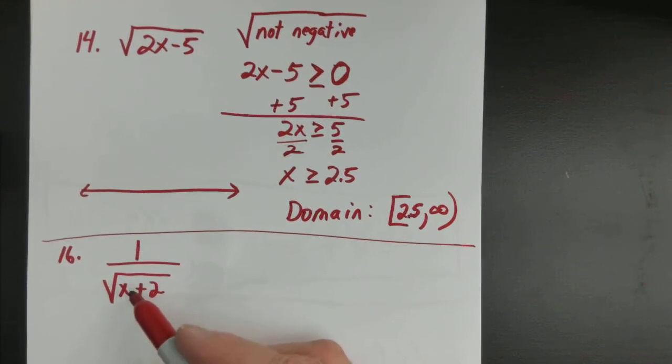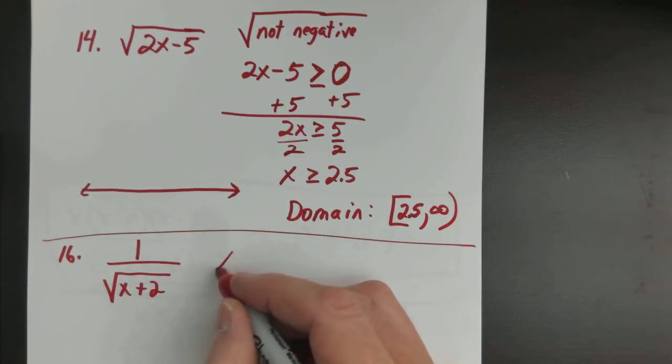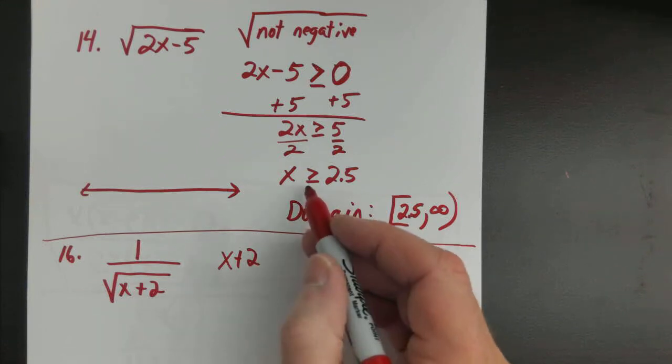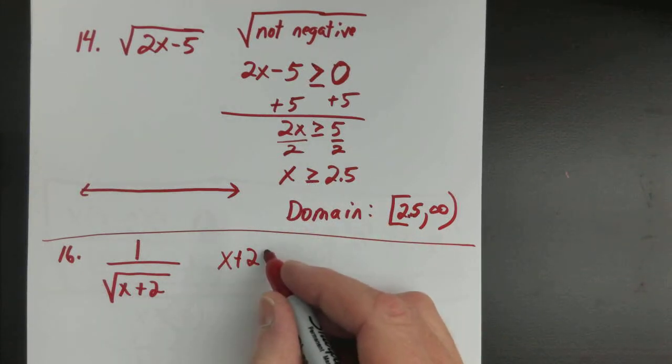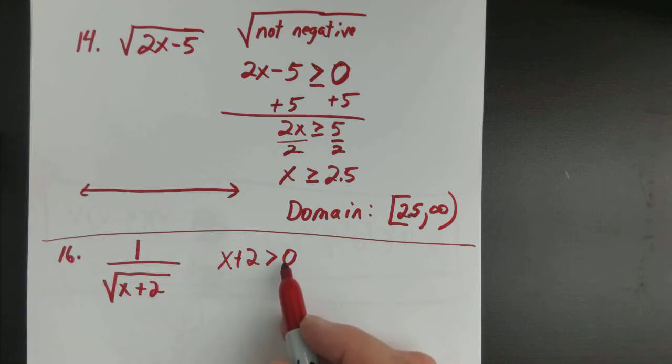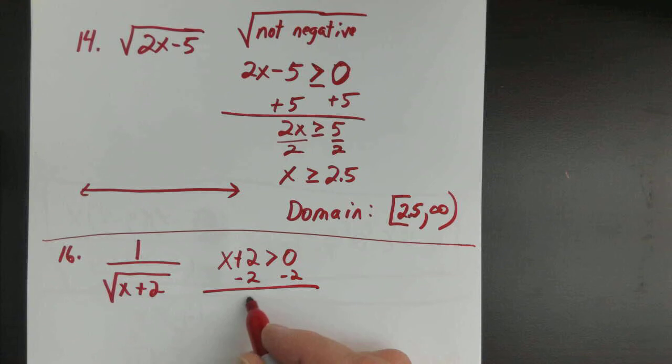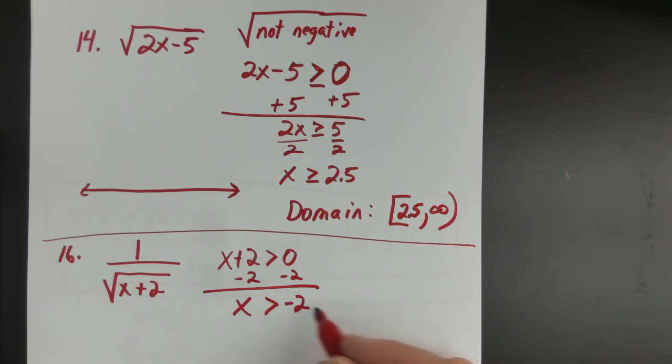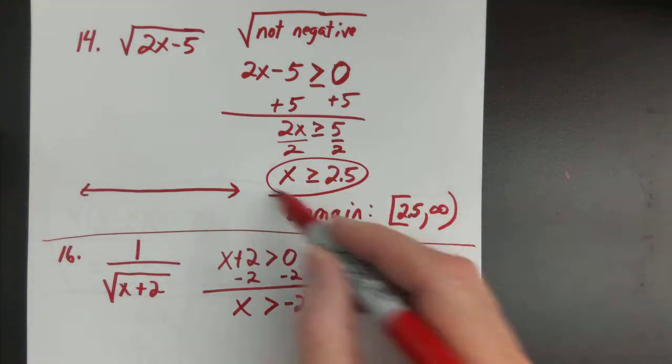can't be 0. So I'm going to say x plus 2, rather than just greater than or equal to, I'm just saying greater than 0, because I don't want 0 this time. So I'm going to subtract 2, and I've got x is greater than negative 2. That's my domain.